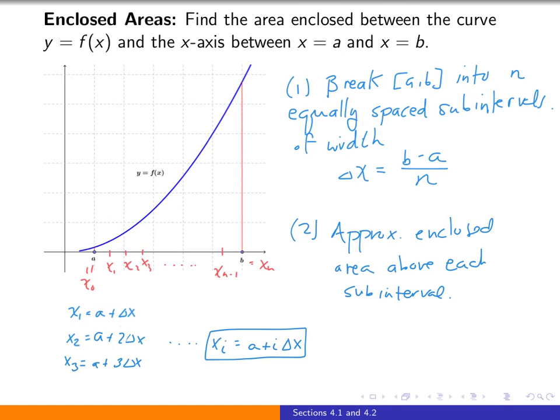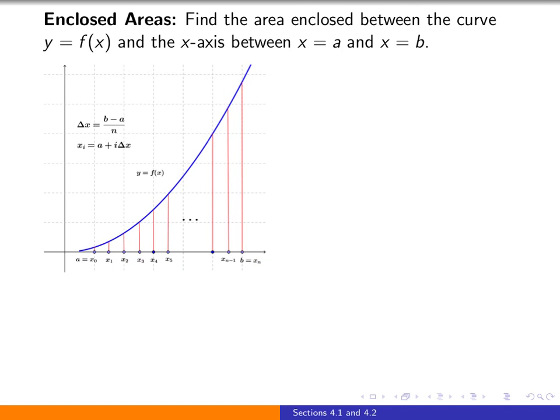And let's go to another picture. So at this point, we've taken the interval from A to B, we've broken it up into n equally spaced subintervals, and on each of these subintervals, we want to somehow approximate that enclosed area. The easiest way to do so, as drawn here, is to use rectangles, because that's a familiar geometric object whose area we can easily calculate. So on this first subinterval, we have to determine what the height of that rectangle will be.